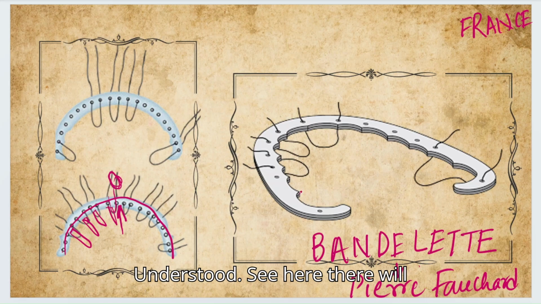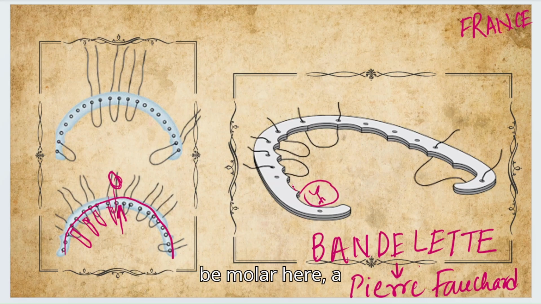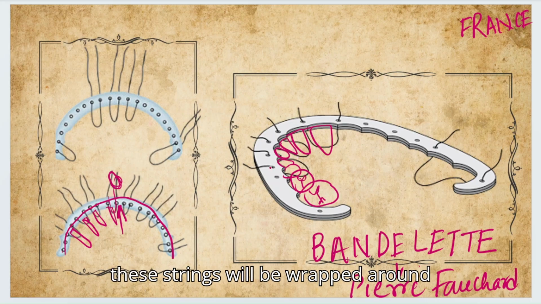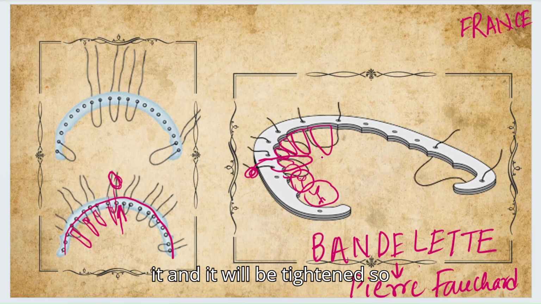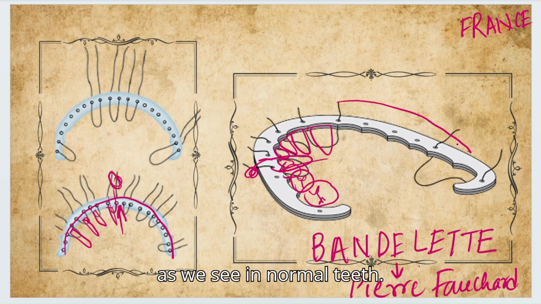See here, there will be a molar here, a molar here, premolars, canines, lateral incisors, central incisors. Okay, if there is any crowding, then these strings will be wrapped around it and tightened so that it follows this pattern as we see in normal teeth. Think how advanced it was in the era of the 18th century. Okay, so this is a bandelet.